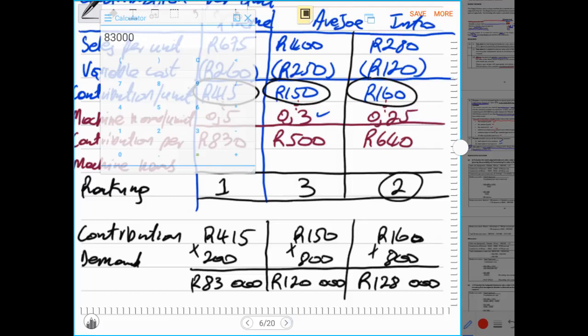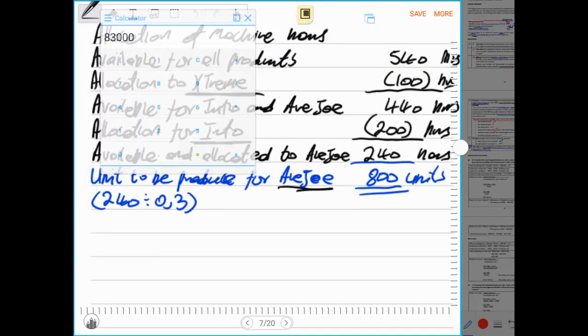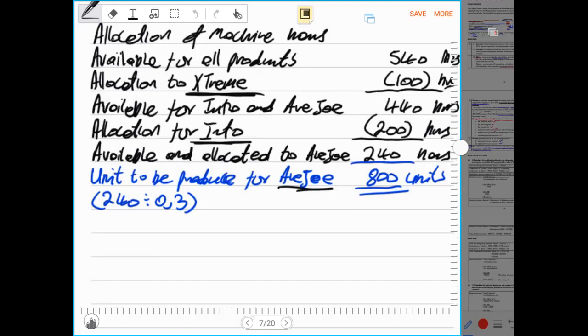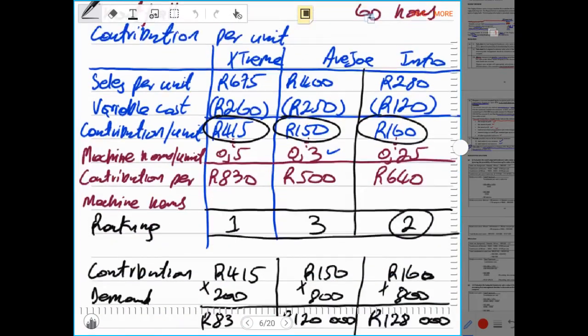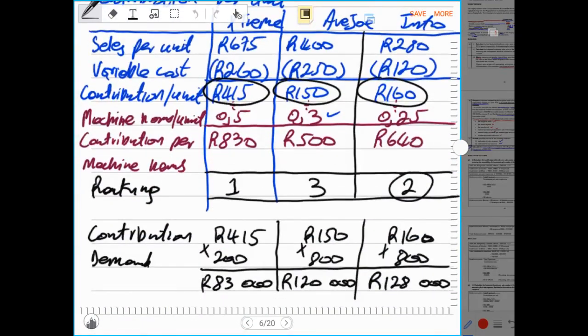So now we calculate the total contribution. Oh, I have very limited space. Let me just say total contribution here at the bottom. Total contribution.